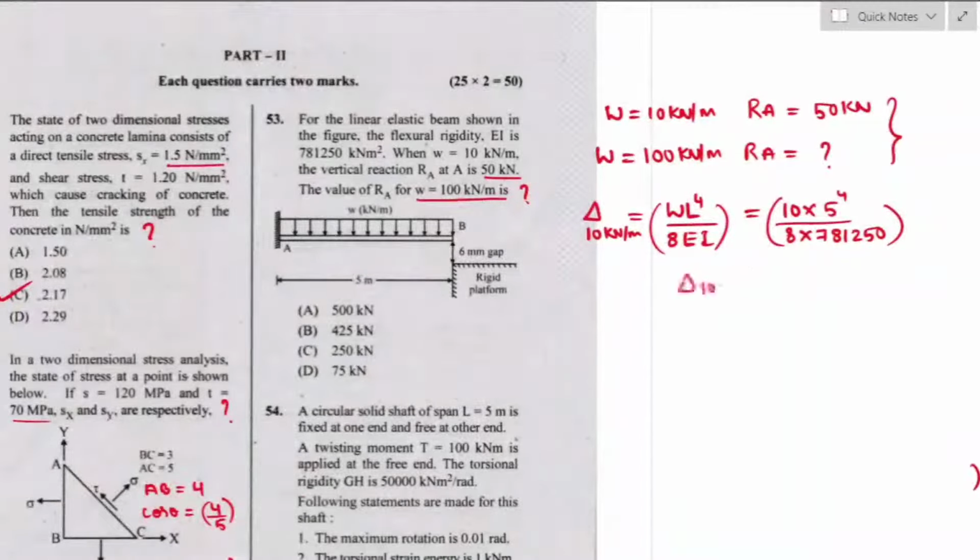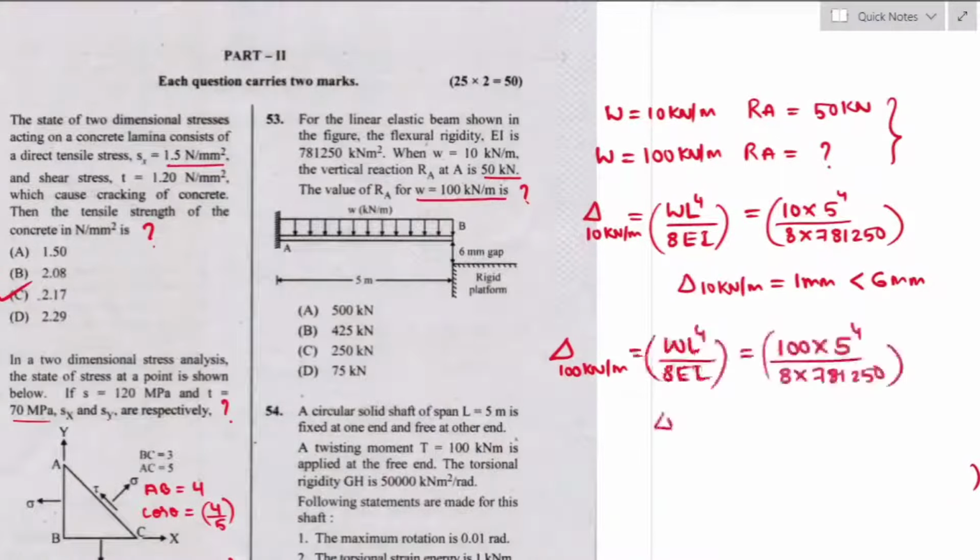On solving this, deformation will be 1 mm, which is less than the 6 mm gap. If the intensity of the load is changed to 100 kN per meter, the deformation will be 10 mm, which is greater than 6 mm. This exceeds the gap to the rigid platform.